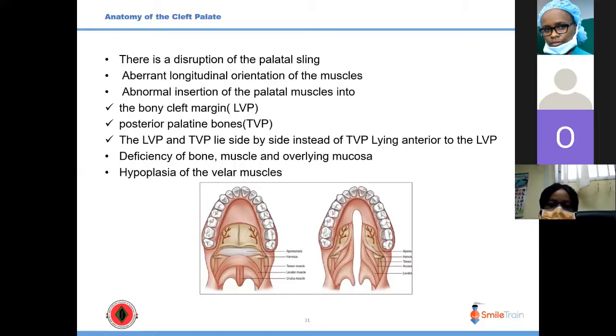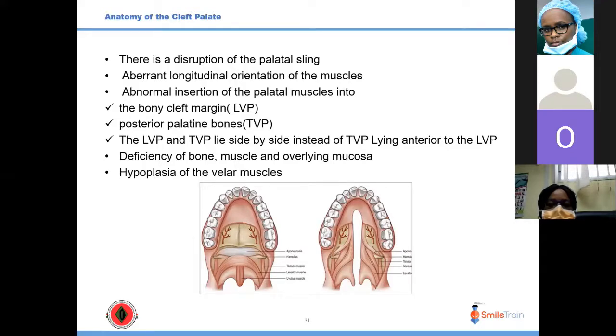This is the levator veli palatini, and this is the tensor veli palatini. The tensor veli palatini lies anterior to the levator veli palatini, and they are in a transverse direction, as you can see. But in the cleft, they assume a longitudinal direction, and the relationship of the tensor veli palatini to the levator veli palatini is distorted.